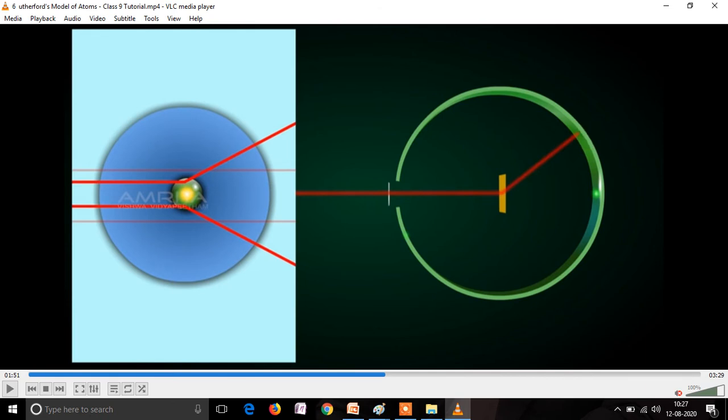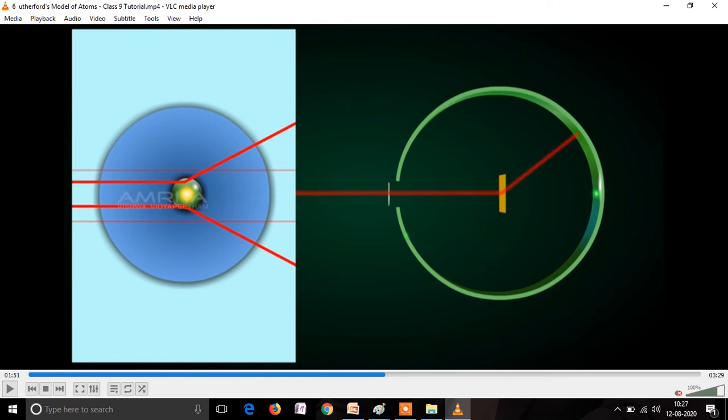This shows that the alpha particles must have been deflected by some particles which are positive in nature, because as we have discussed, alpha particles are positively charged and like charges always repel each other.